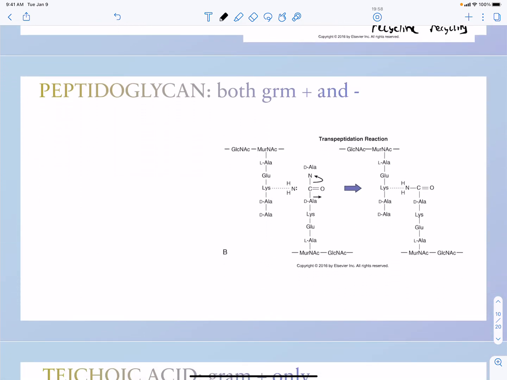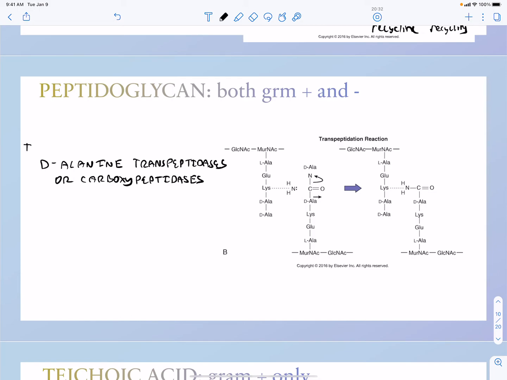So again, cross-linking is going to be necessary for the membrane integrity of your actual bacterium. The enzymes that do this are D-alanine transpeptidases, also referred to as carboxypeptidases, and keep in mind that this is in the bacterium for cross-linking.